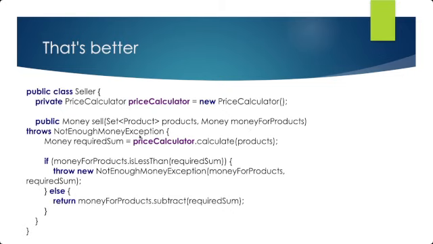And now we don't have any violation of this principle inside this code, because in the method sell we work only with money. We don't know anything about wallet because we just don't need this information. Now we have a dependency between seller and money, but we don't have any dependencies between seller and wallet because we don't need it.